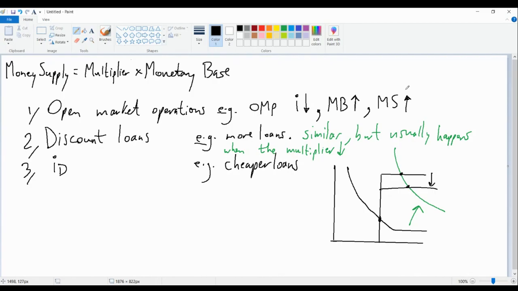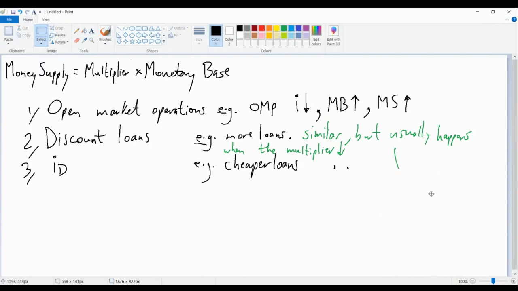But again, this is happening at the same time that banks are desiring to hold much higher reserve ratios. So the ultimate impact on the money supply is unclear.